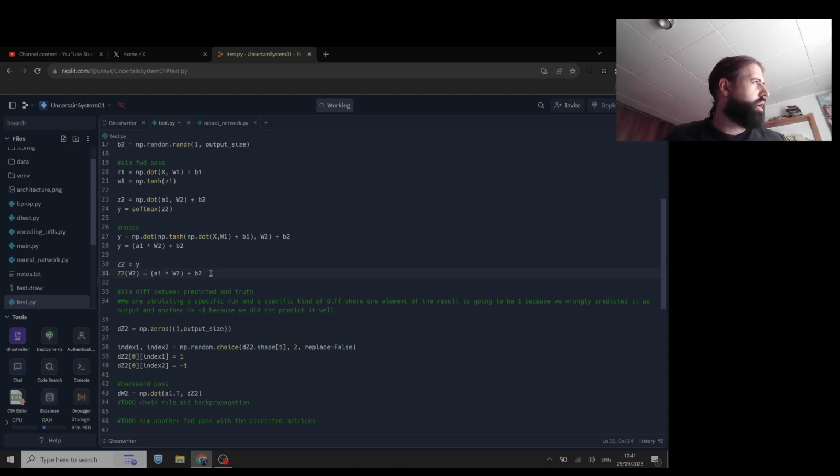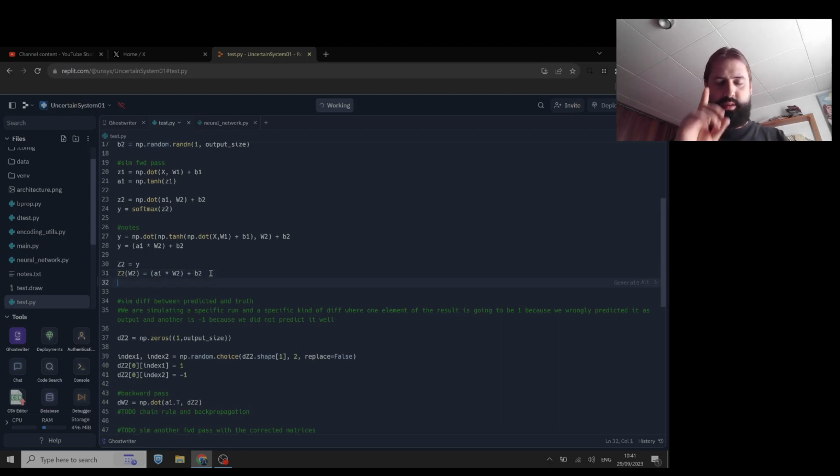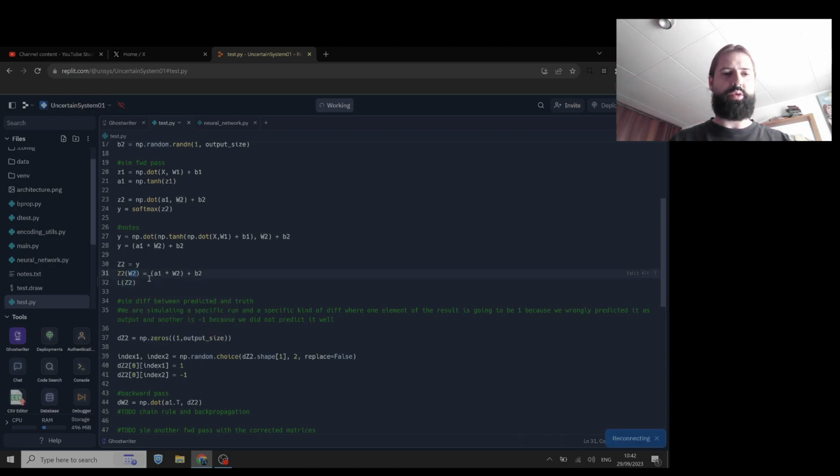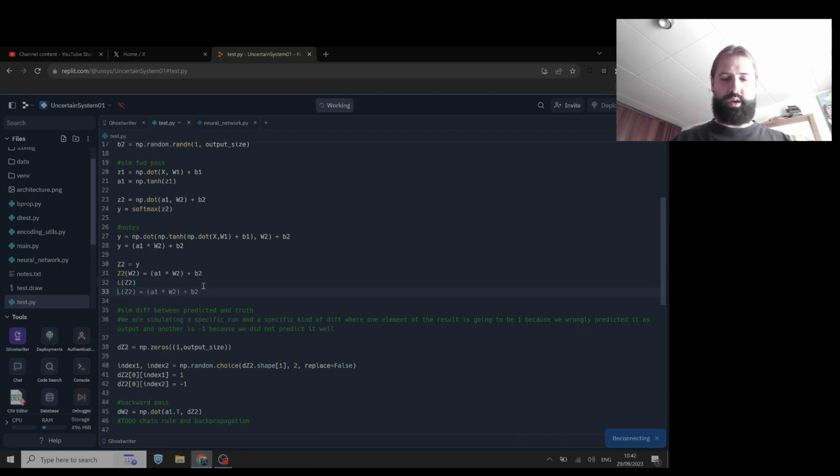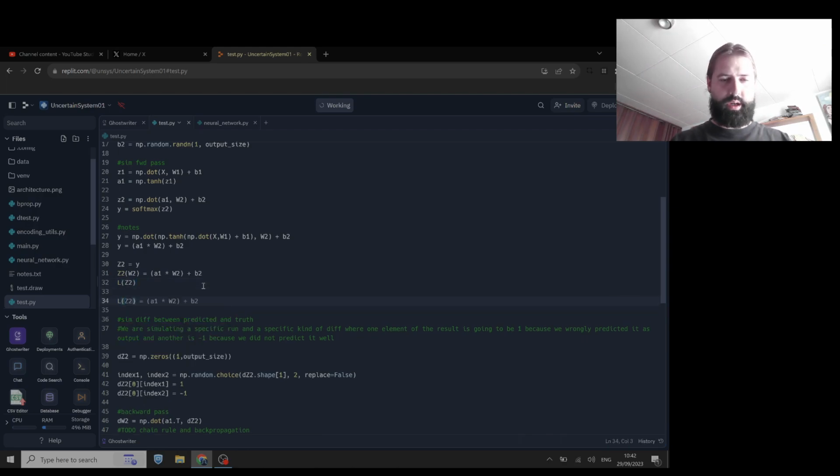The loss function, that's what I was saying. The loss function is a function of Z2. And Z2 is a function of W2. So essentially, you kind of have the composite function of Z2 and W2, right? In a way. Okay. Yes. I think that's what I was saying.